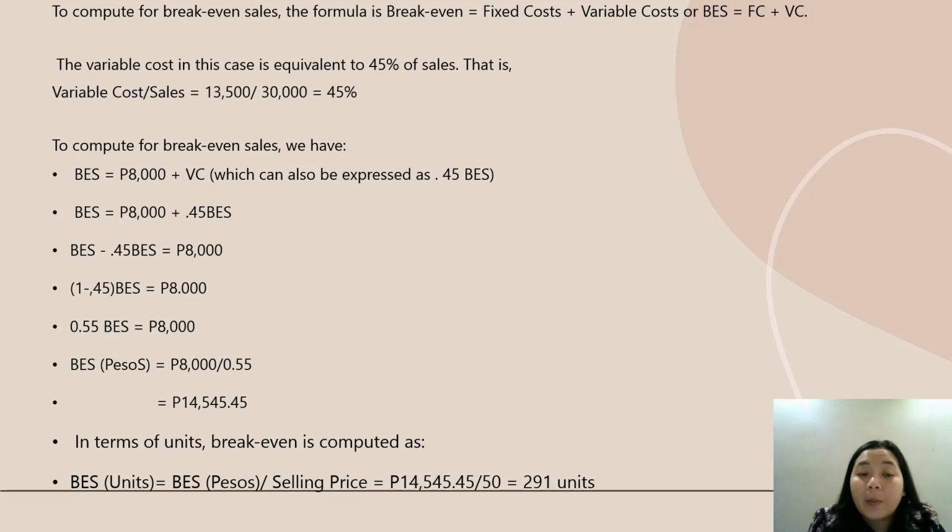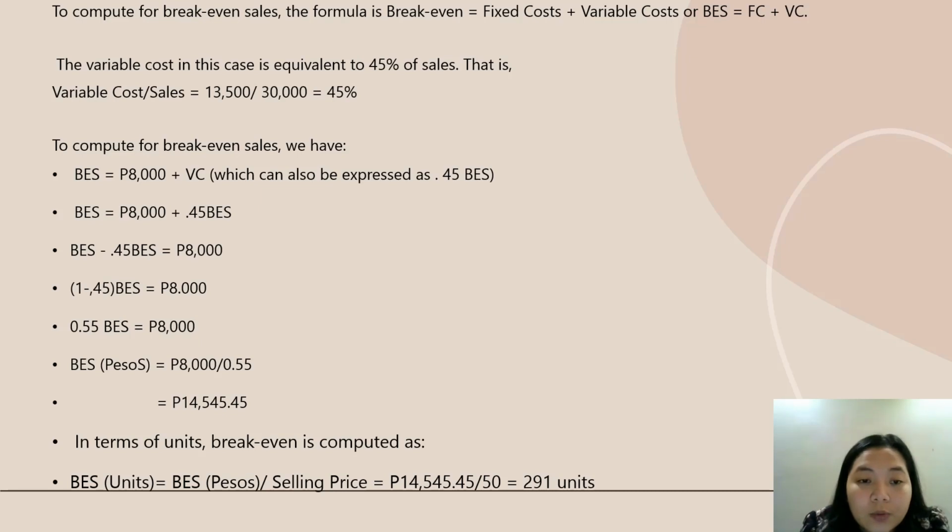To compute for break-even sales, we have BES equals 8,000 plus variable cost, which can also be expressed as 0.45 BES. So BES equals 8,000 plus 0.45 BES.